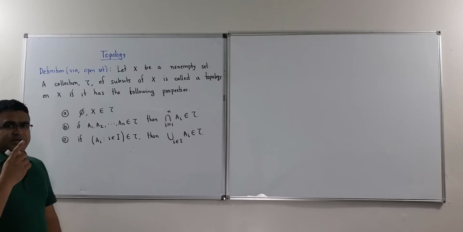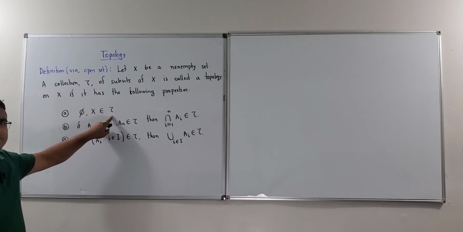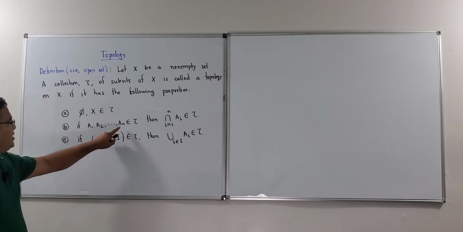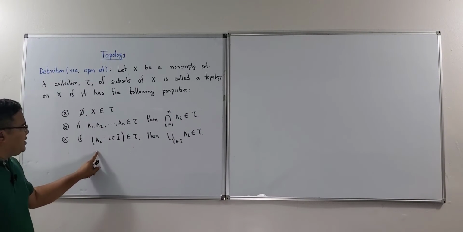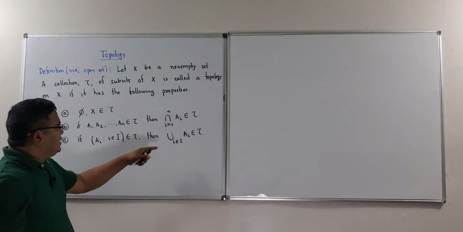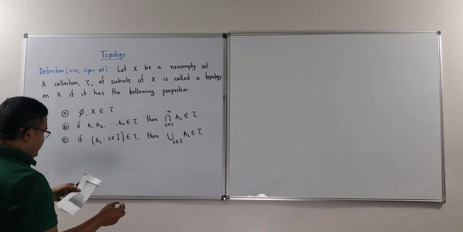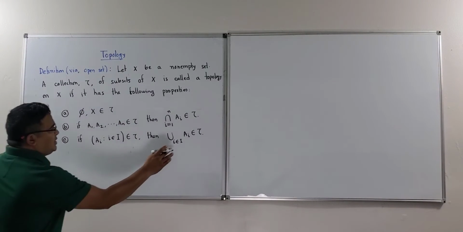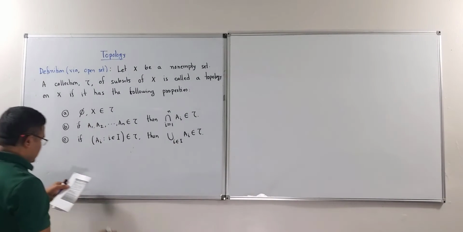So three properties. First, the empty set and the whole set would be in that collection tau. If there are a finite number of subsets, then the intersection would also be in tau. If there are finite or infinite number of subsets, then their union would also be in tau, where I is a countable or uncountable index set.